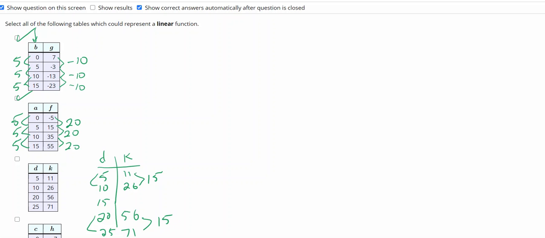So it actually seems pretty good, because if this one went up again by 15, 26 plus 15 would be 41, and then 41 plus 15 would get me to 56. So that one's a little bit tougher, and it's difficult because they didn't show us that value in the middle, and we had to fill that in. But that one would too be linear.